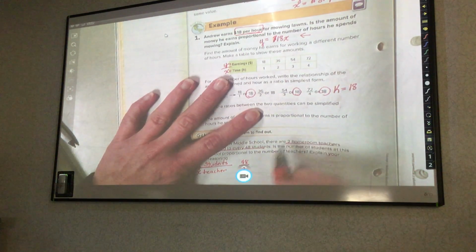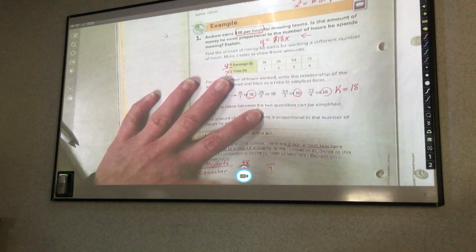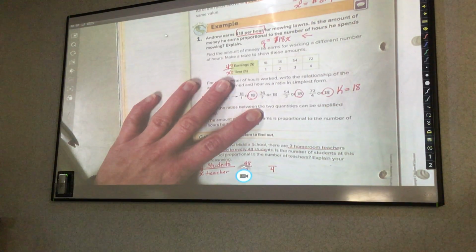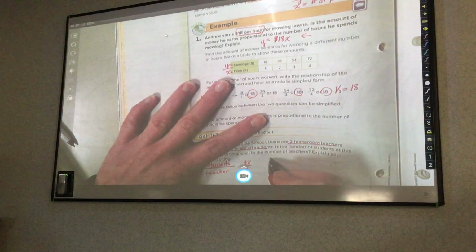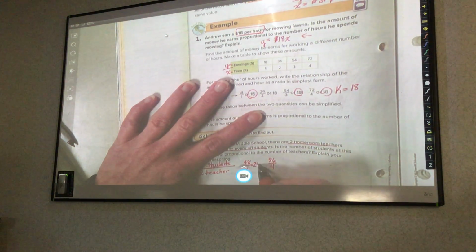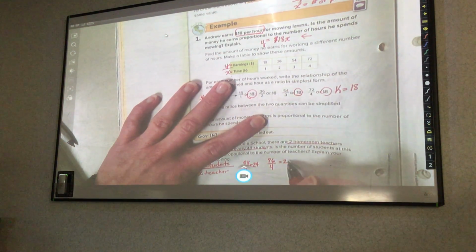And then if I want to do another for 4 teachers, how many students would that be? 96, because that's times 2. So this equals 24, and this equals 24.